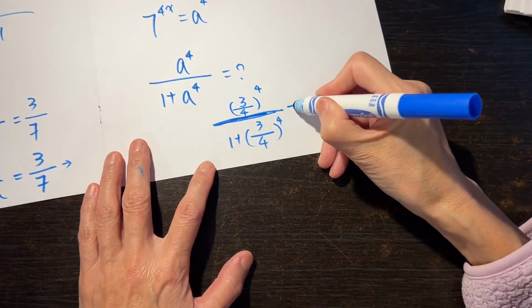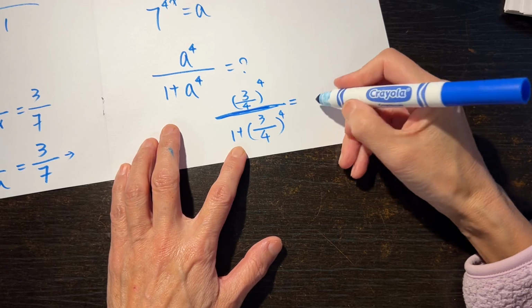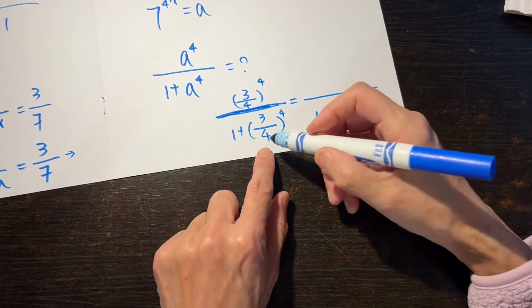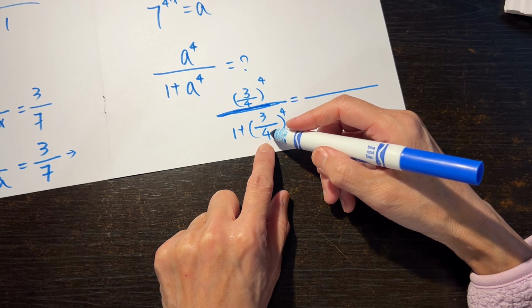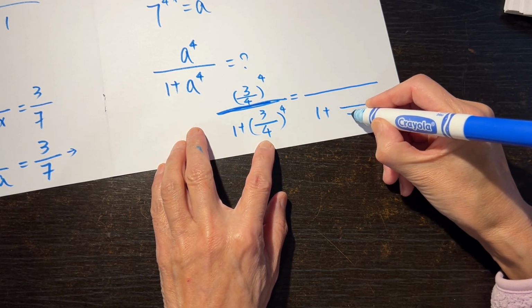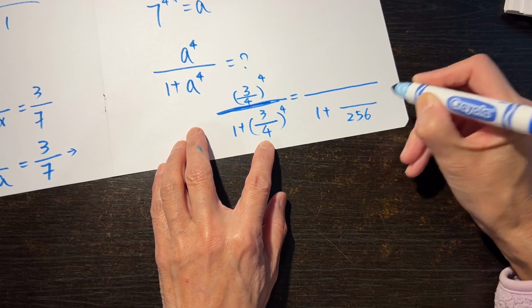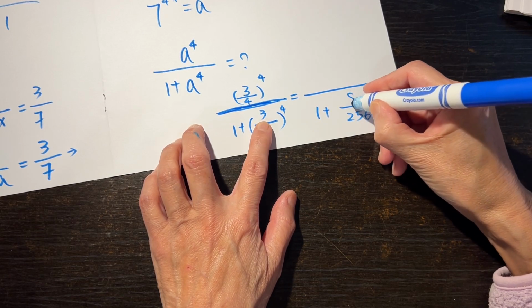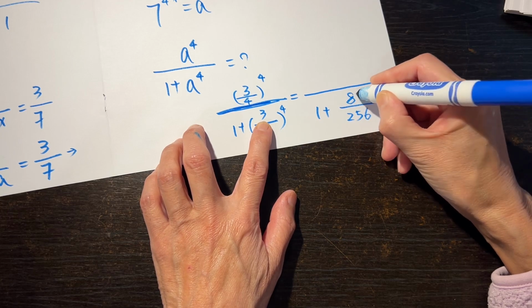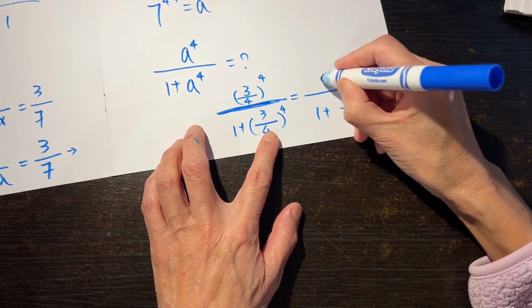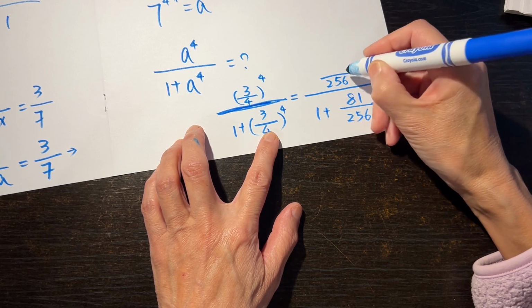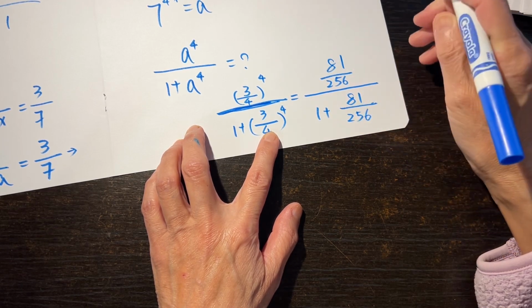This becomes doable, right? 4 times 4 is 16, 16 times 16 is 256. 3 to the power of 4 is 81, and this one is 81 over 256.